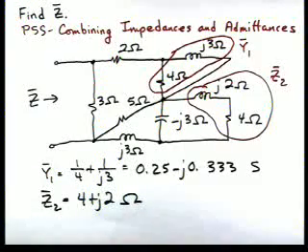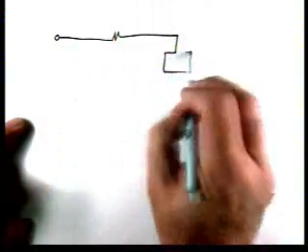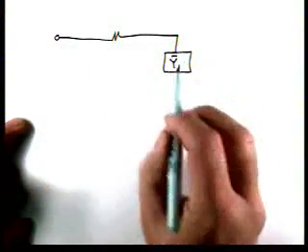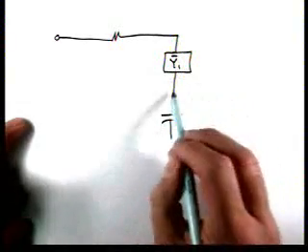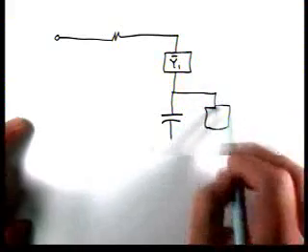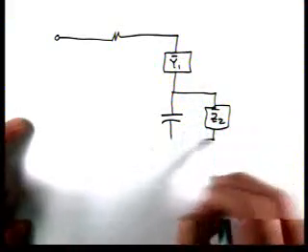Now let's redraw our circuit and look at what we can combine next. So here's Y1. Here's Z2.